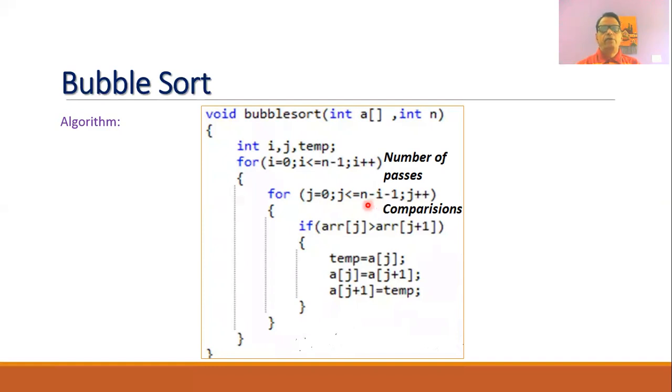And therefore you will find that here we have taken the value n minus i, and every time we will check if the array element j is greater than the j plus 1th element. And if it is the case, then we will swap them.